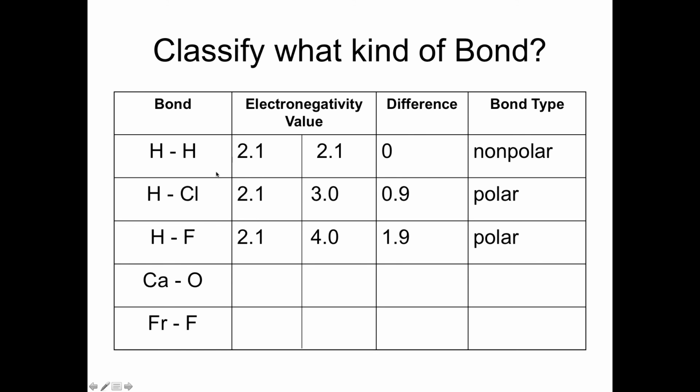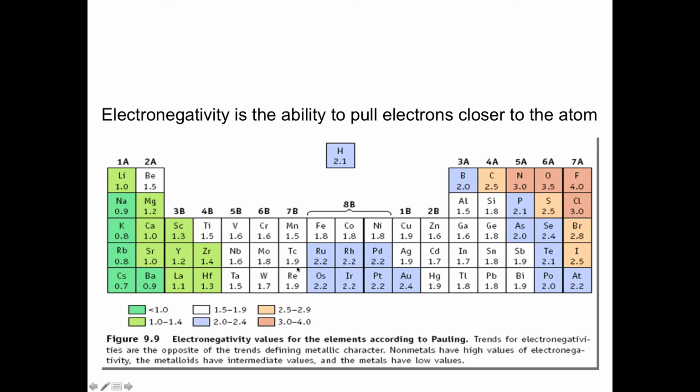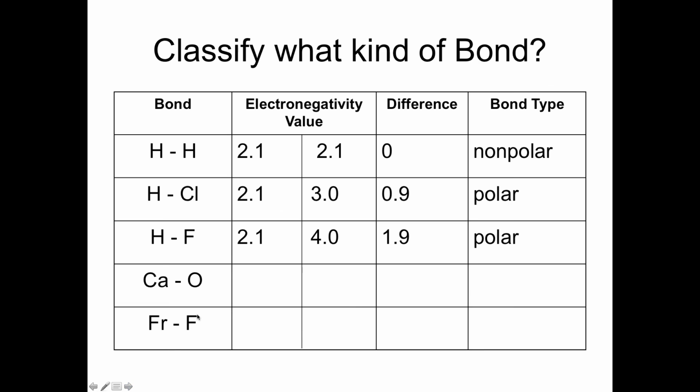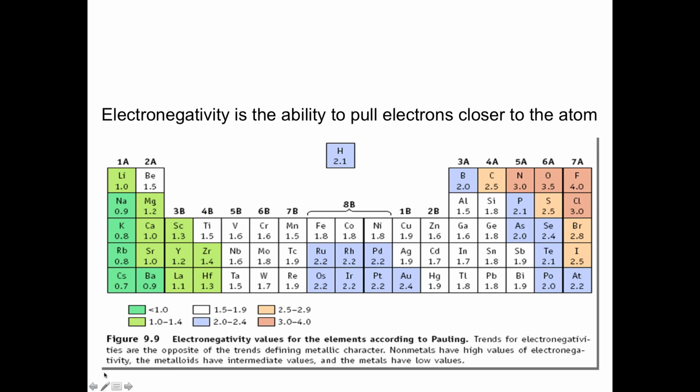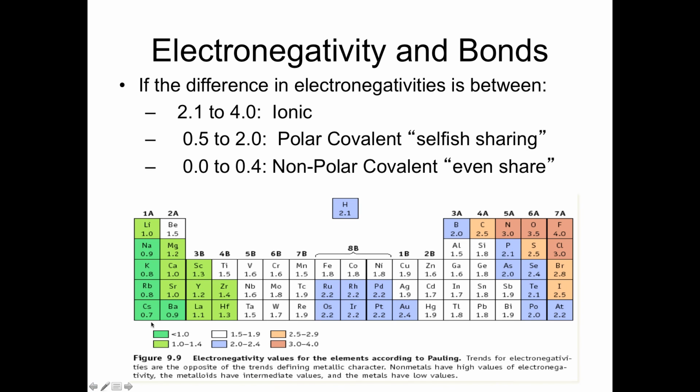H with Cl, I have H again, 2.1. Cl, that's 3.0, and that's coming from this chart right here, 3.0 for chlorine. The difference is 0.9, and 0.9 falls into the polar category. So that's selfish sharing.